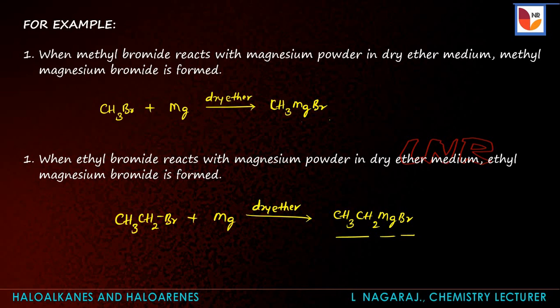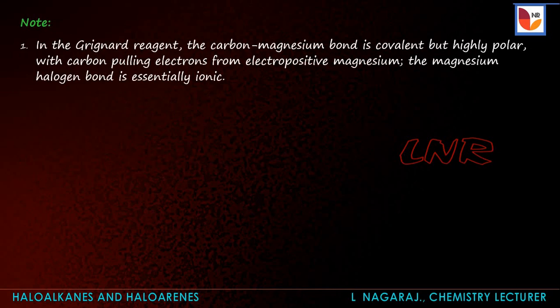That is, when haloalkanes react with the metals, that is magnesium powder in the presence of dry ether, they give Grignard reagent, which is also called organometallic halides. In the Grignard reagent, the carbon magnesium bond is covalent but highly polar.